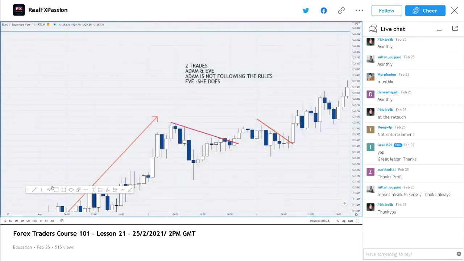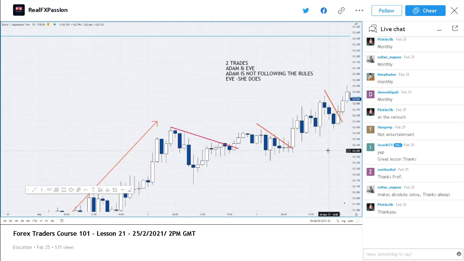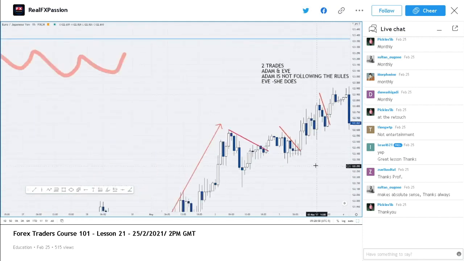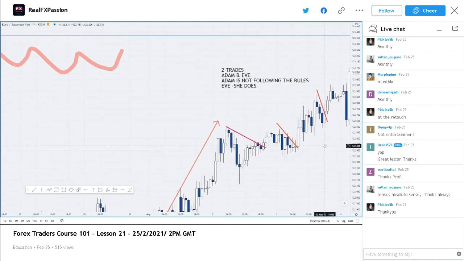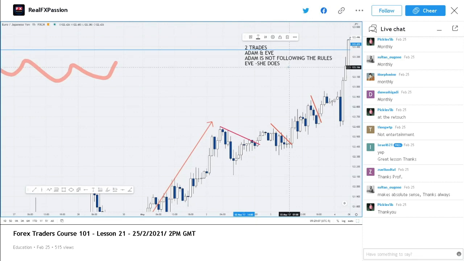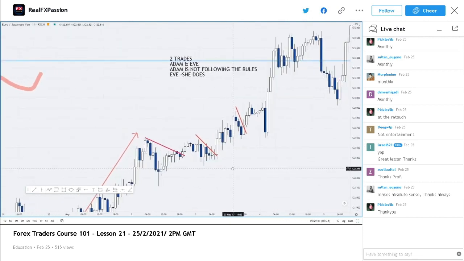And I have another counter trend line break here. So all the Adams are entering and all the Eves are staying out because they're thinking, oh, we are near the pivot point area from the monthly. And Adams are happy.